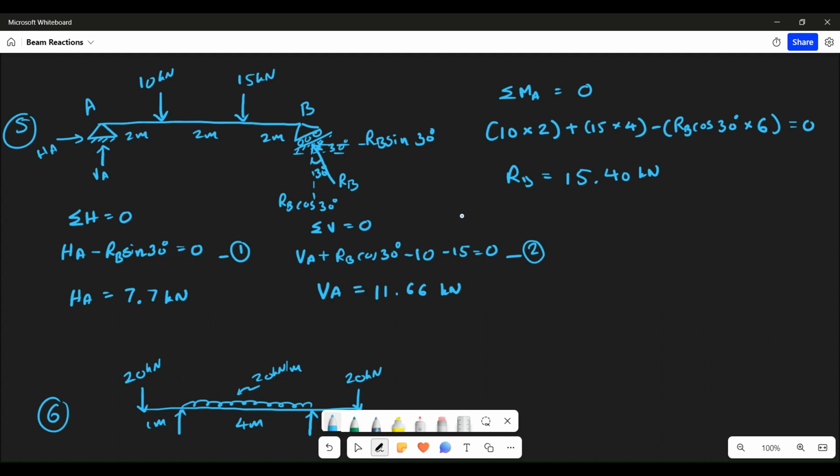Now again, like previous example, you can find RA, that is under root of HA square plus VA square, right? Let's find out RA from simply Pythagoras theorem, HA square plus VA square.